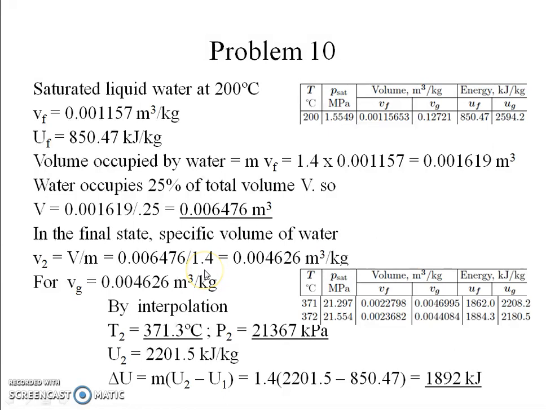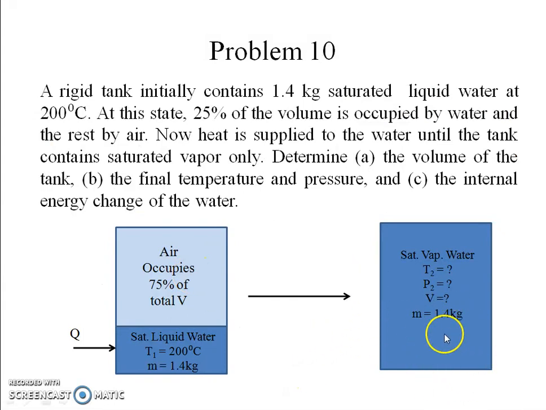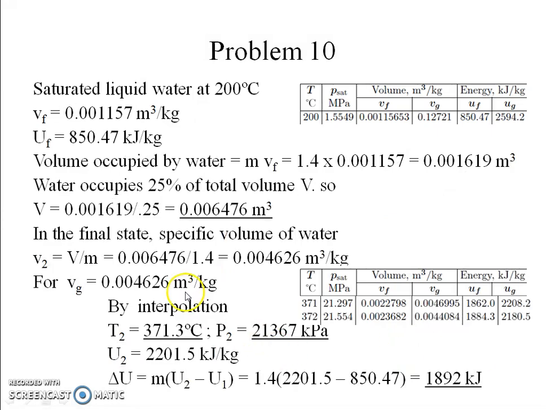Now at least we have one value, the specific volume at the final state. We will use this value to find the temperature and pressure at the final state. How will we do it? We go back to the steam table.